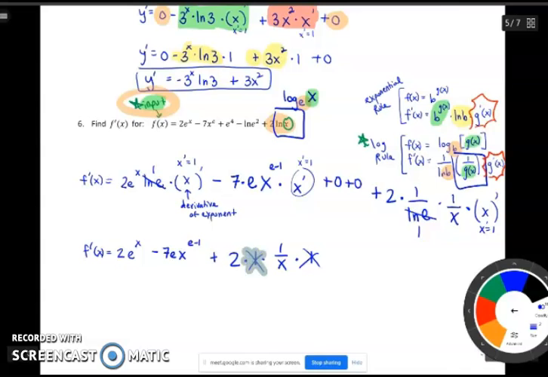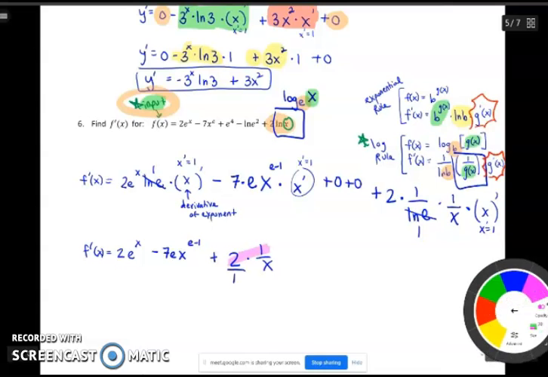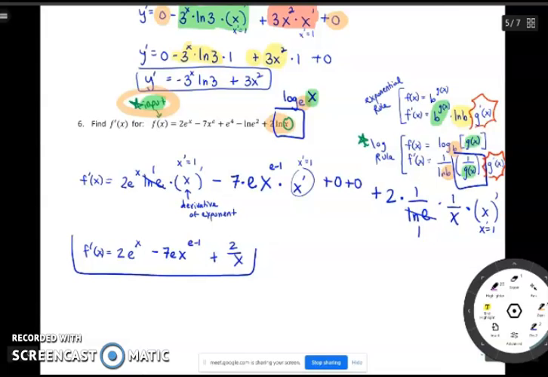So I really just have 2 times 1 over x. Well, I can write that, but technically this 2 is over a 1. So if I multiply numerators times numerators, I'll get a 2. And multiply denominator times denominator, I'll get over an x. So I can just simplify that as 2 over x. So this is my derivative.